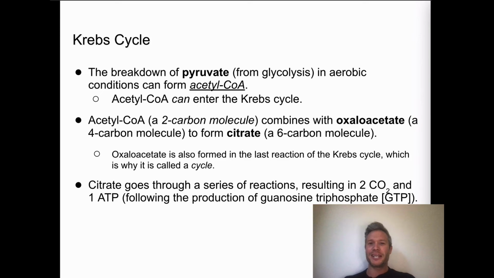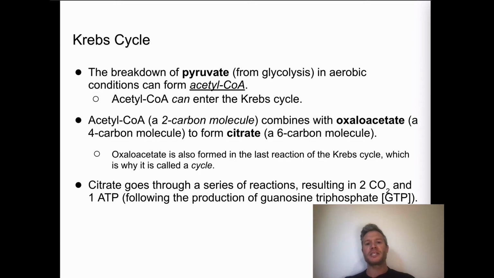So we get to this point now where we have our 2-carbon acetyl CoA attached to oxaloacetate. It's such a mouthful. That's 4 carbons, so we get this 6-carbon molecule in the end called citrate. Now, I bring that up because maybe you learned this in high school or at a different point in life, but this cycle was also called the citric acid cycle.